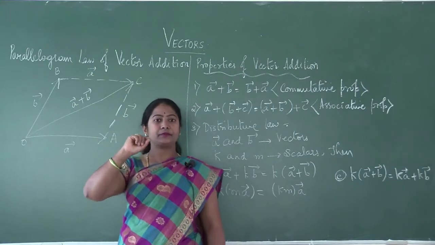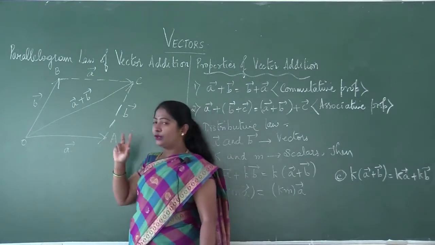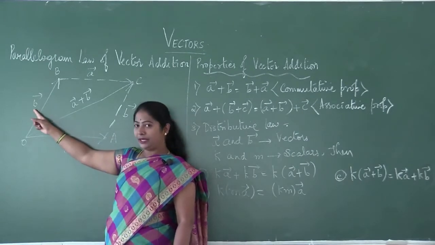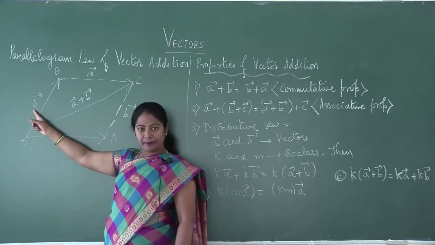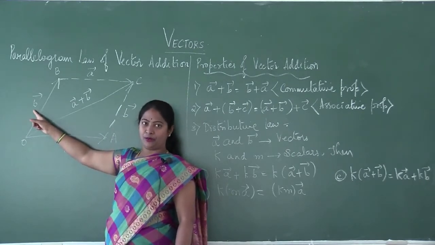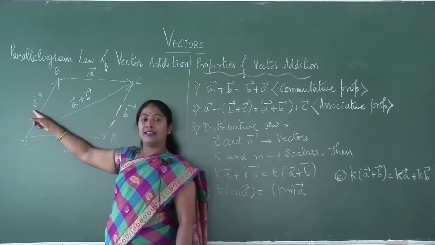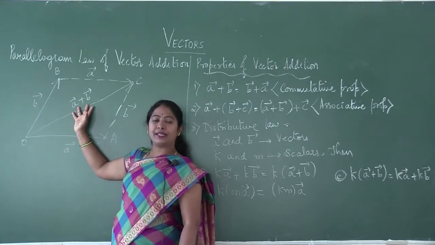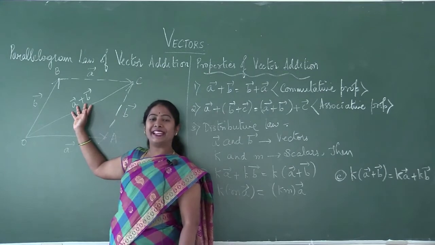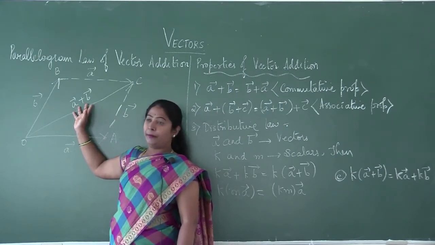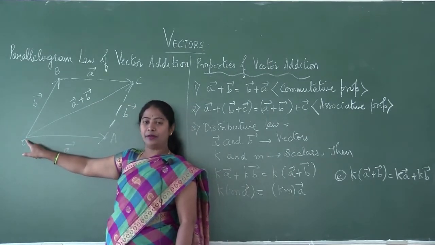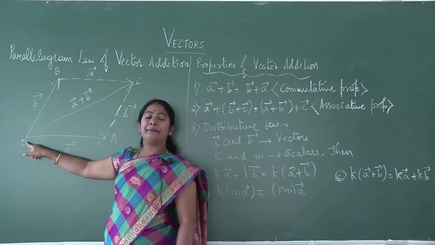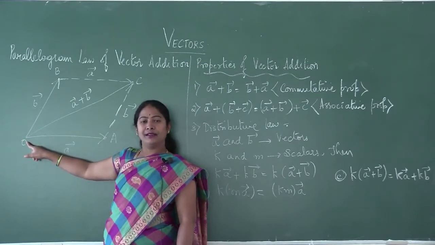I repeat that. If we have two vectors, vector A and vector B, representing the two adjacent sides of a parallelogram in magnitude and direction, then their sum, vector A plus vector B, is represented in magnitude and direction by the diagonal of the parallelogram through a common point O. This is a common point O. This is known as the parallelogram law of vector addition.